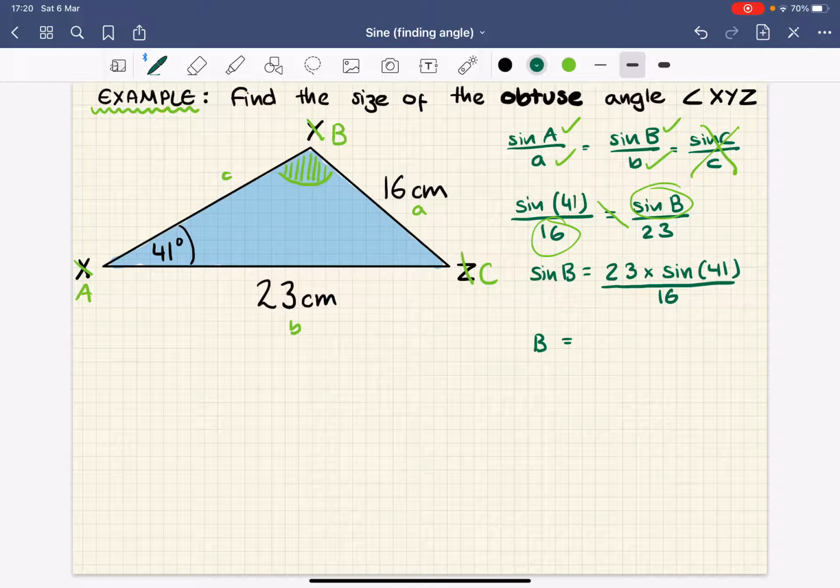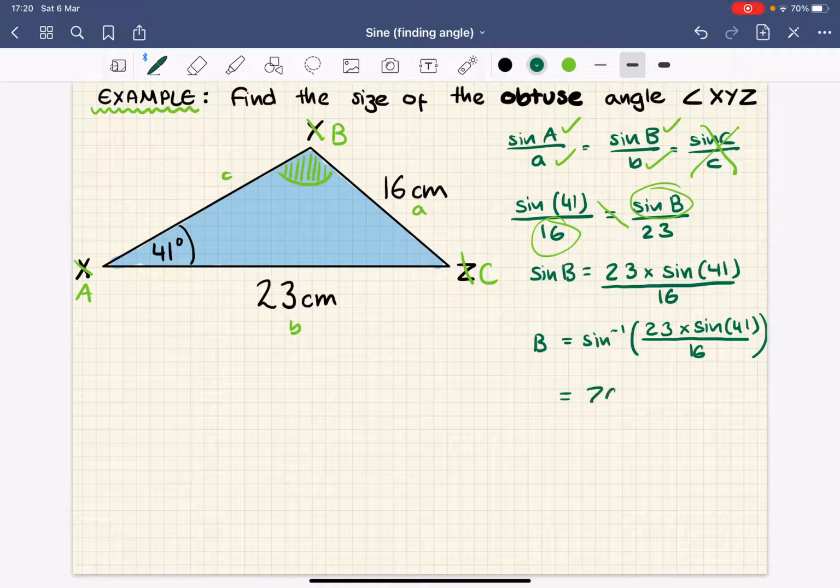And then to get the B on its own, I'm going to do the sine inverse of that fraction. And so that is just going to come out to 70.5762 and so forth.